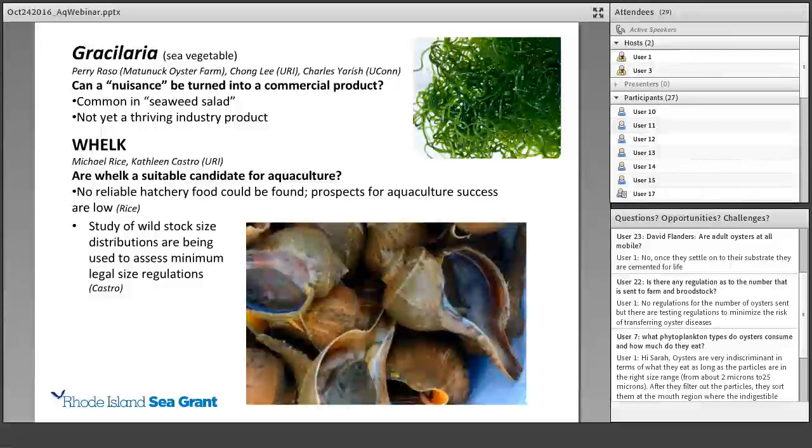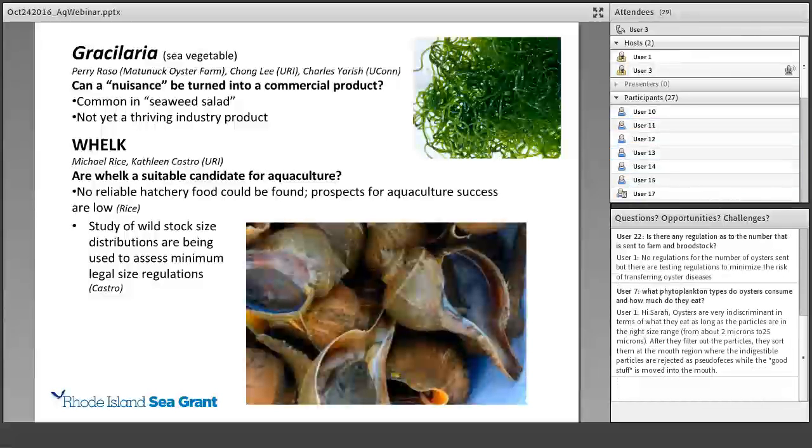At least the bottom line from that short research project was no, they couldn't find really a suitable food that the whelk would go to on a consistent basis and eat enough of it to fatten up and grow at a rate that was going to be anything but abysmally slow. And as we all know, you can wait maybe a little bit of time to get to market, but you can't wait forever to get to market.